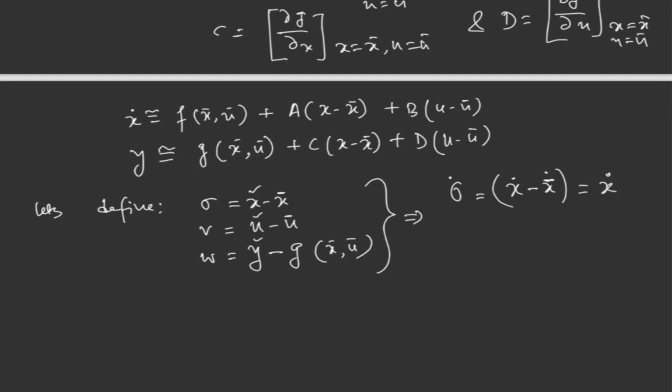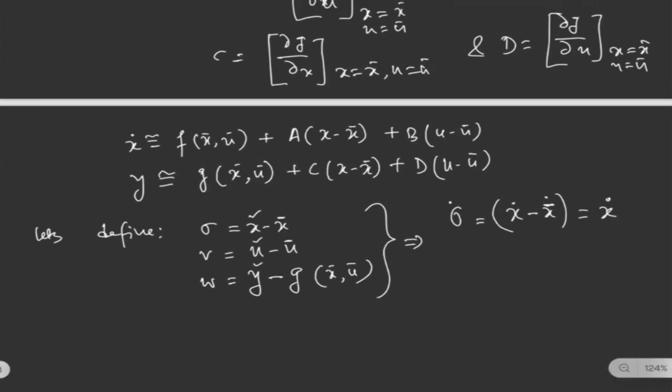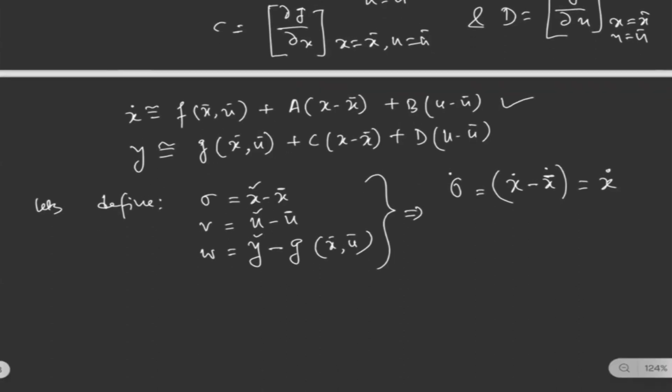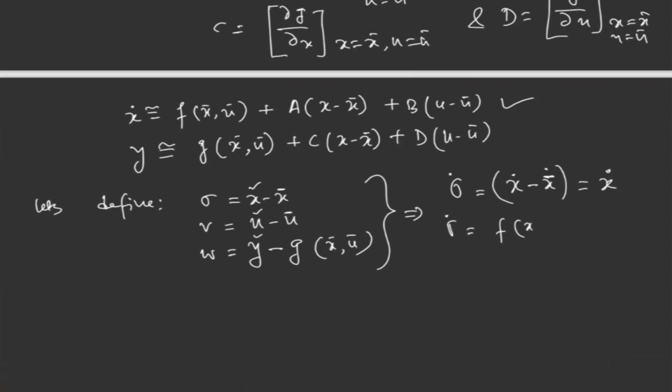And if you apply this concept for our system, we can write sigma dot equal to f of x bar, u bar plus A sigma plus B v.